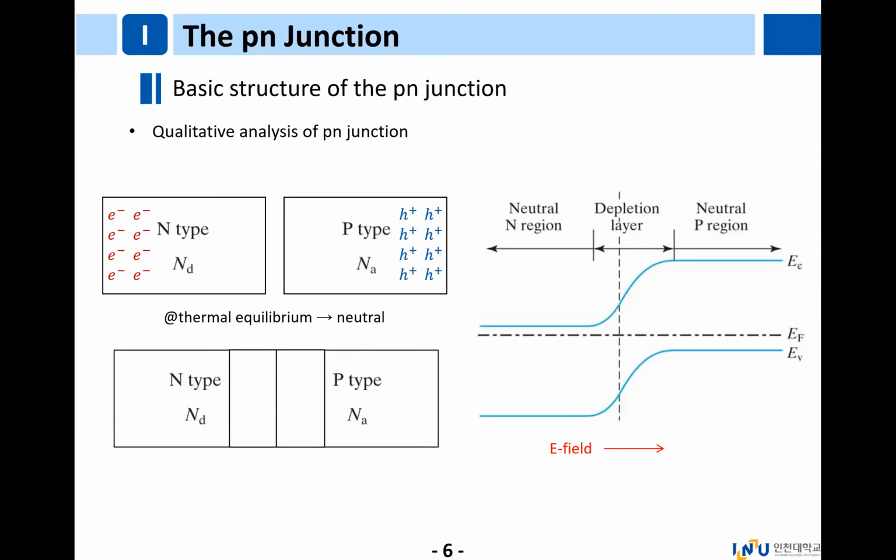After this recombination, vacancies are created where carriers have left. In other words, when electrons move across and recombine, the region is left with the immobile atomic nucleus of donor ions, which carry a positive fixed charge.